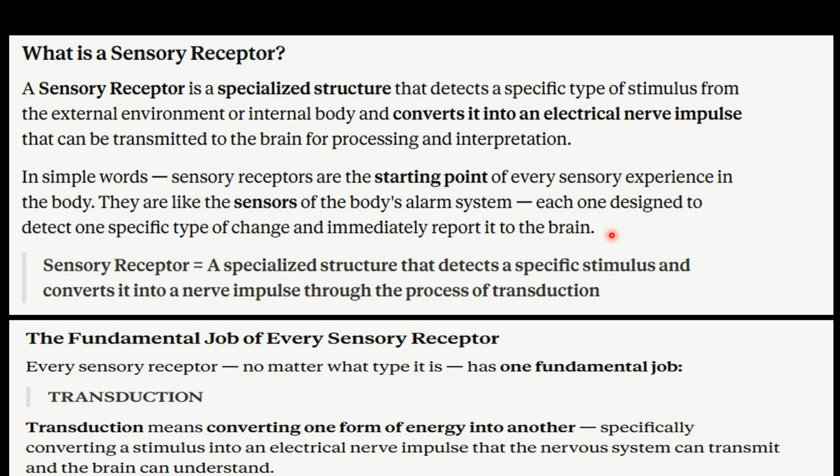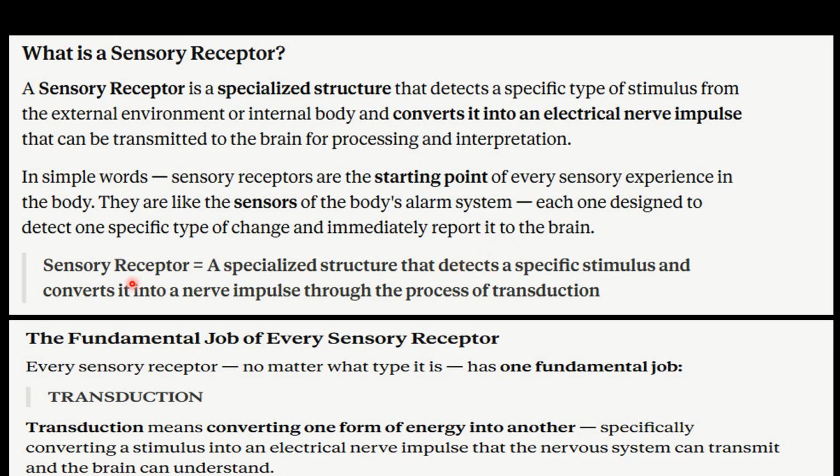They are like the sensors of the body's alarm system, each one designed to detect one specific type of change and immediately report it to the brain. Each receptor has its own type which it will detect and report.